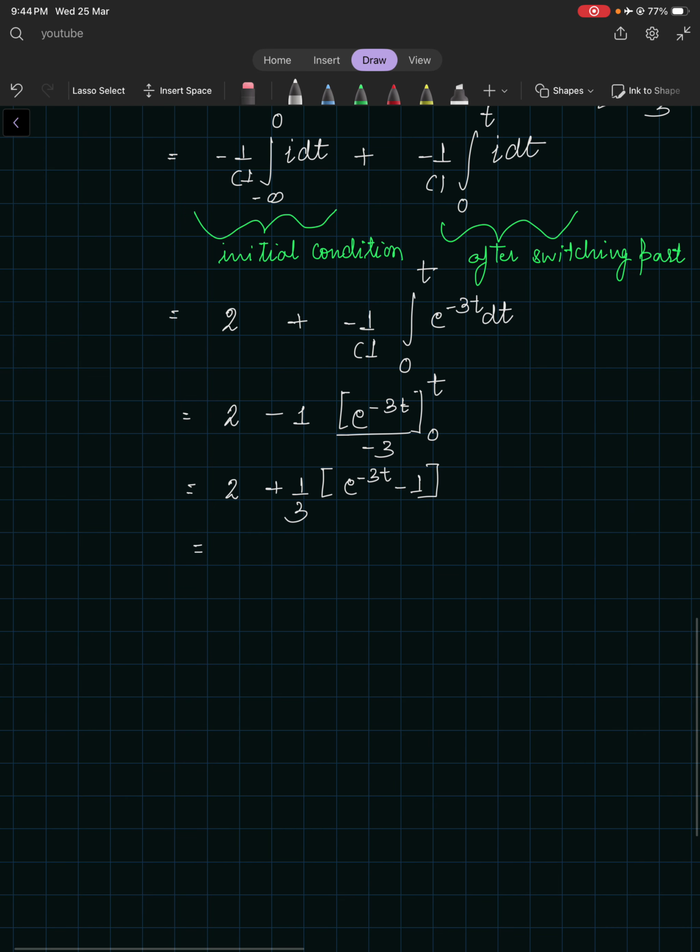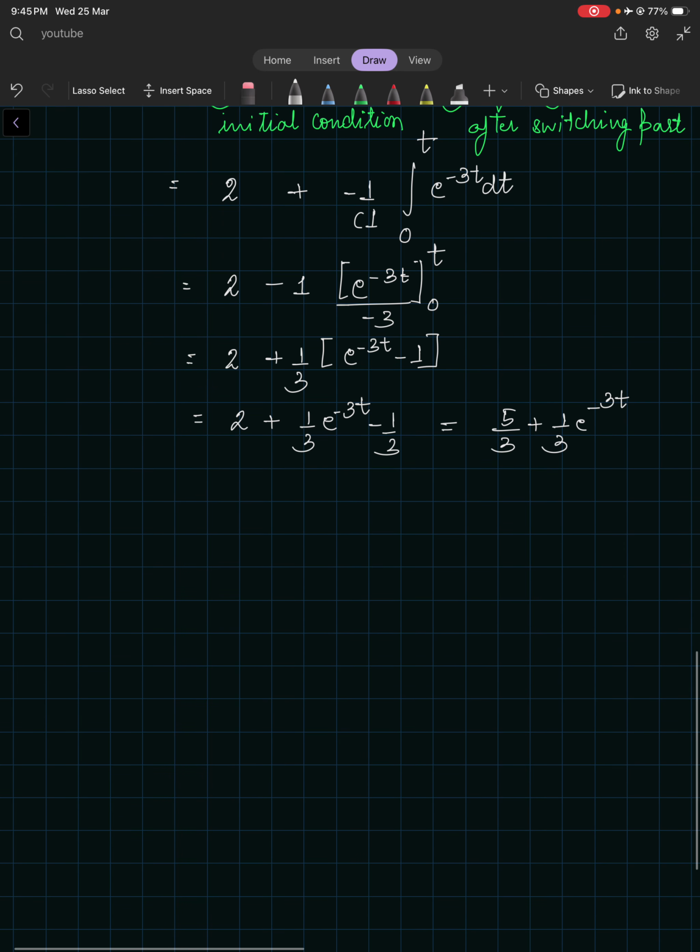If I solve it, 2 plus 1 by 3 e to the power minus 3t minus 1 by 3, so it will become 5 by 3 plus 1 by 3 e to the power minus 3t. So the complete v1(t) response is 5 by 3 plus 1 by 3 e to the power minus 3t.